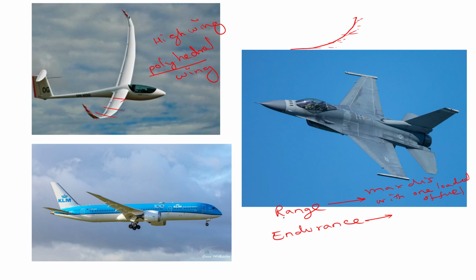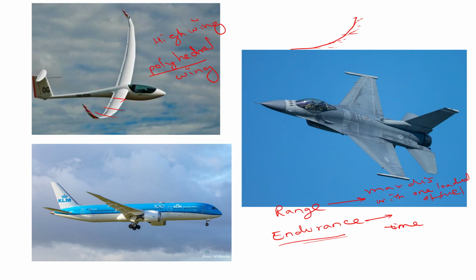So that is meant by range. Endurance means with the total load of fuel, how much time it can travel. Especially for the glider or sailplane, whatever you call it, their main purpose is to endure for a longer period of time. That means how long they can sustain in the air.